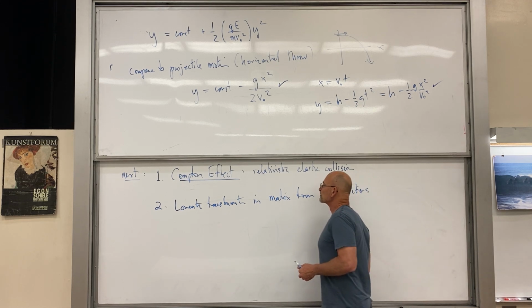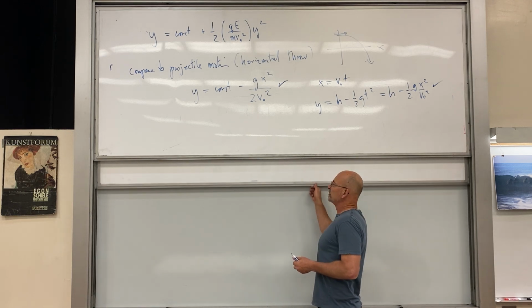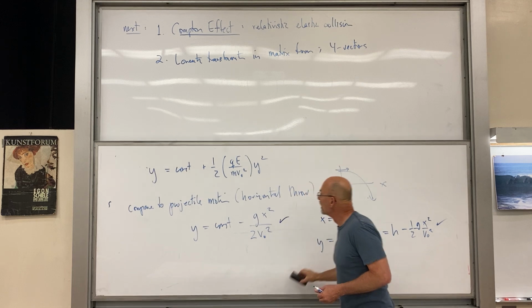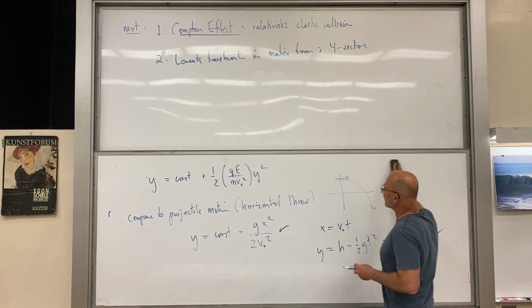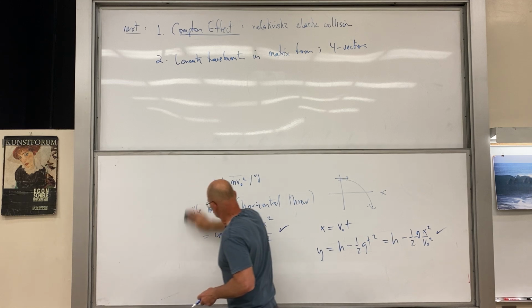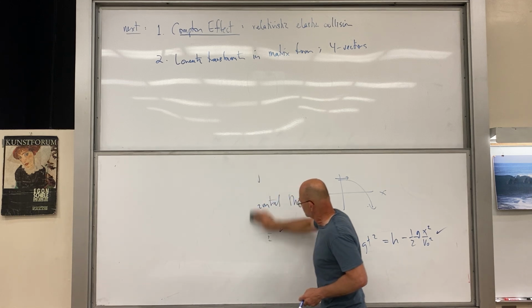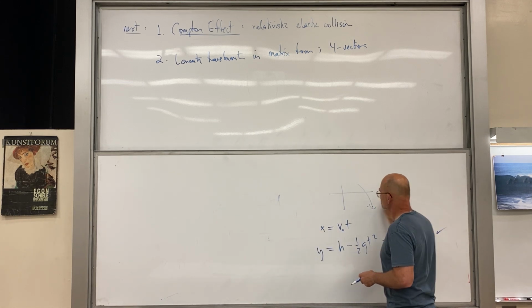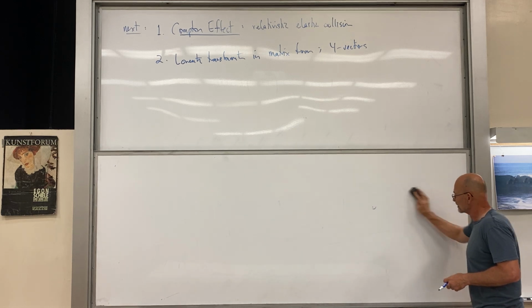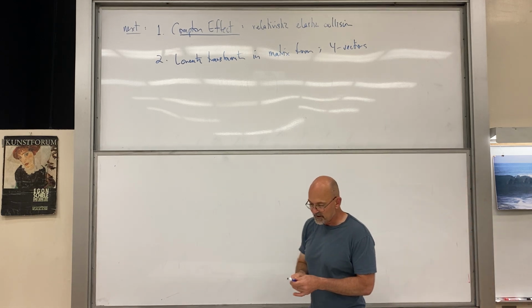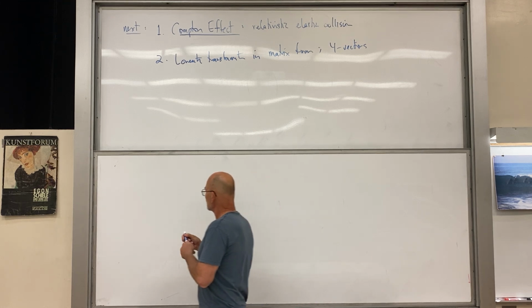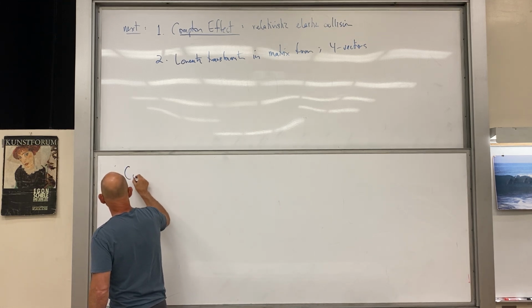Okay, so I'll set up the Compton effect, and we'll complete the whole program in the last hour. First, now I'll just set up what all the ingredients are. So here we go, Compton effect.